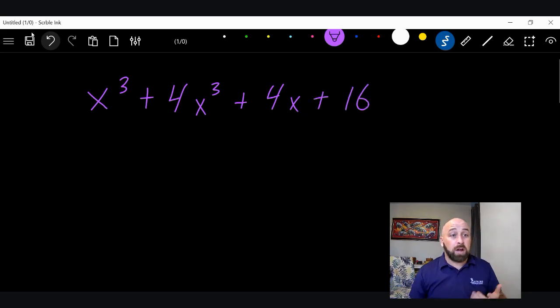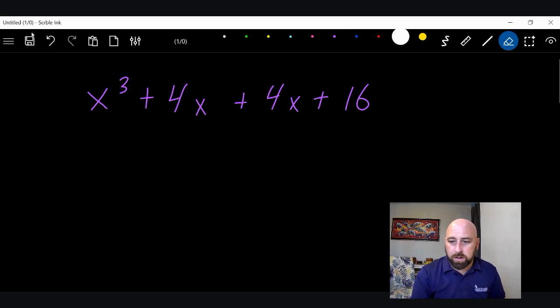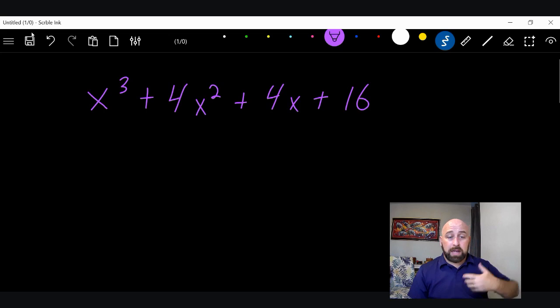And you're right, you haven't seen that before. Because we have a cube, and whoops, I wrote that wrong. That's a square. Sorry. And a square, and a regular term with no exponent, and then a constant term. Wow, that's a lot of stuff. So what are we going to do here? How should we handle this?